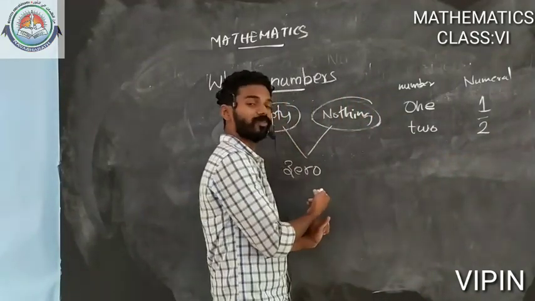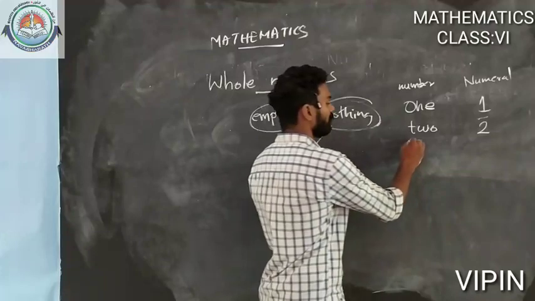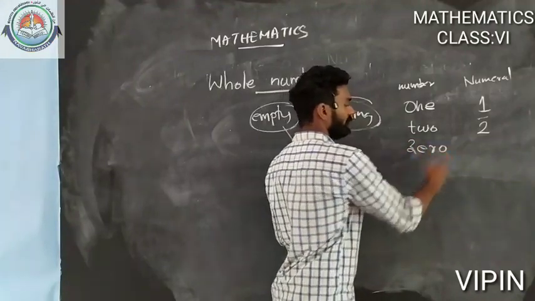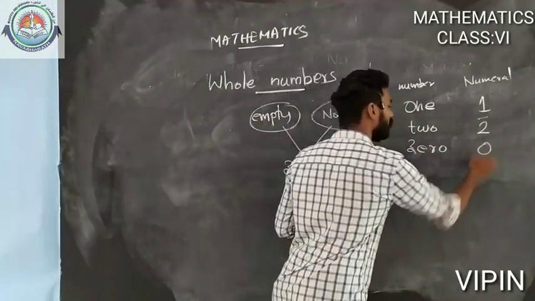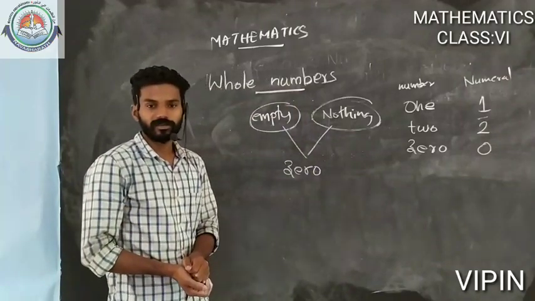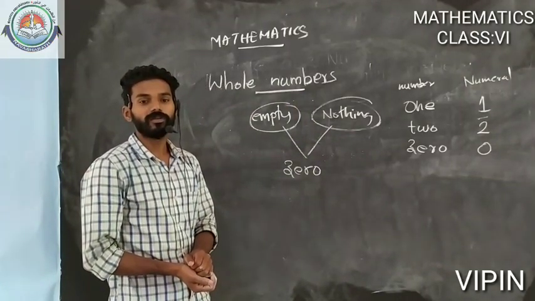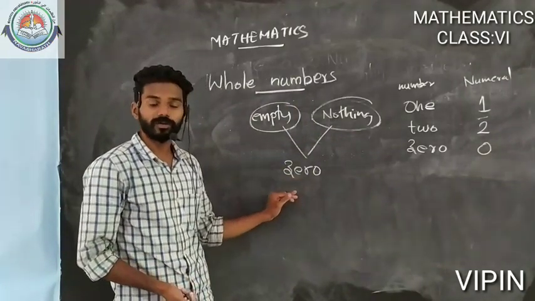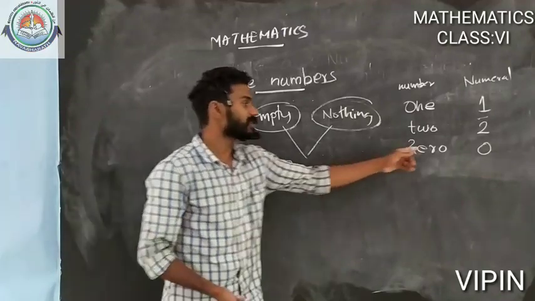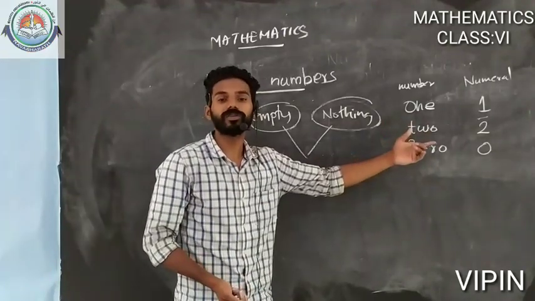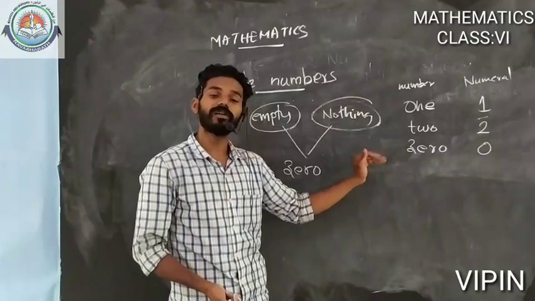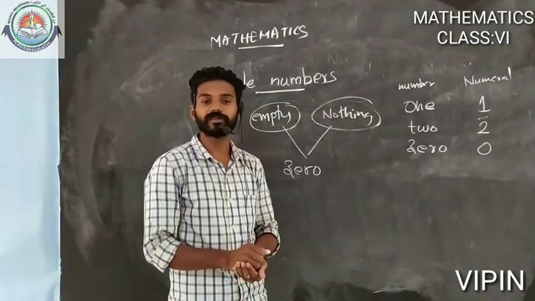Similarly, our number 0 also has a symbol, and it is like this.